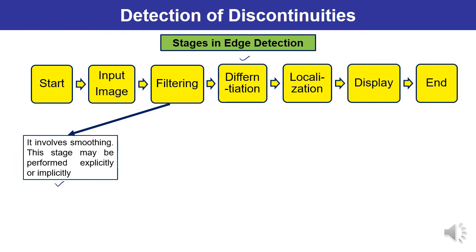After filtering, the next stage is differentiation. From the name itself, it is clear that it is the derivative. You are aware of the first order derivative and second order derivative. This phase distinguishes the edge pixels from the other pixels. How to differentiate? Here the objective is to find the difference between two neighboring pixels. If A and B are two neighboring pixels, then their difference is calculated.